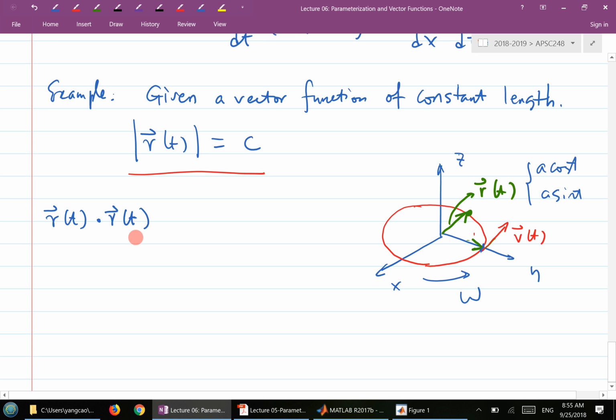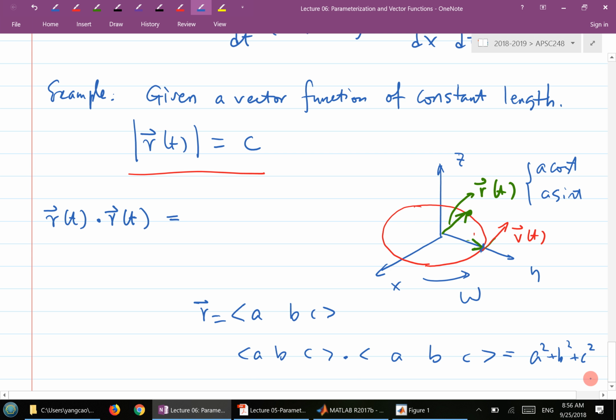Let's see if R equals a, b, c, for example. What's the dot product? The result is a squared plus b squared plus c squared.